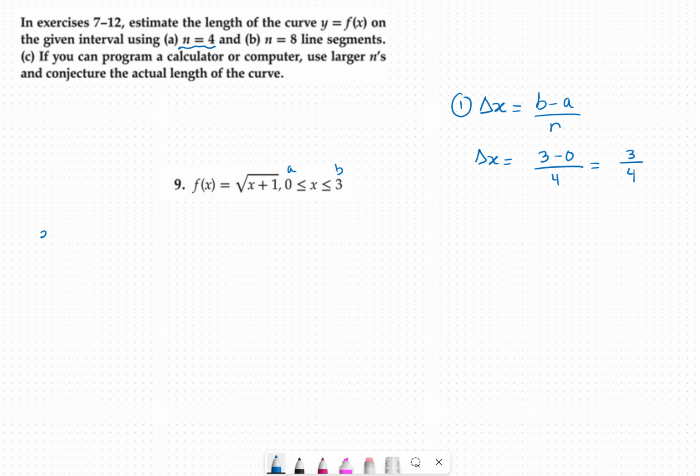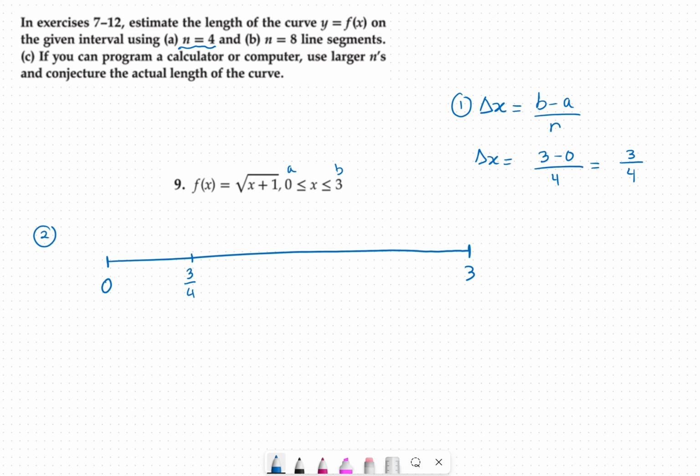Now step number 2, I will draw a line. This line will help me specify my points. The starting of the line is A, the ending of the line is B. Now you go to the starting and you start adding each time your delta x, which is 3 over 4. So you will say 0 plus 3 over 4 will give me 3 over 4.